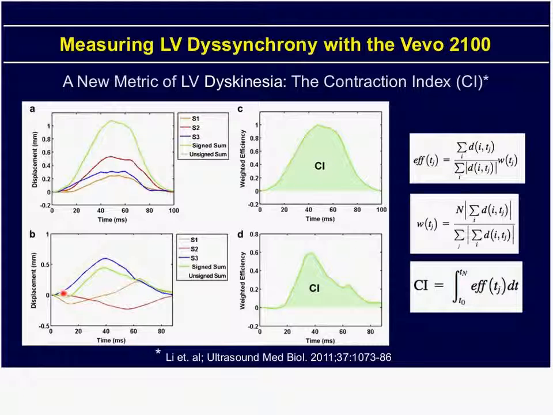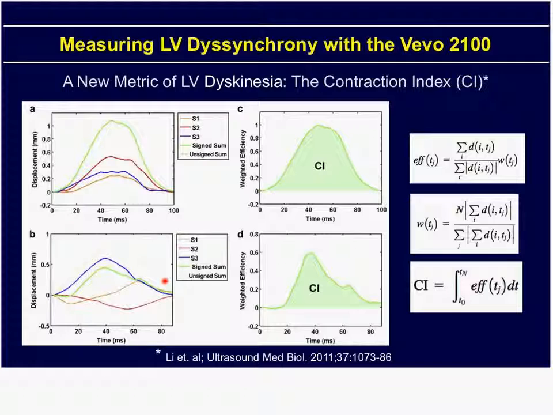Imagine that we've got a post-MI mouse that's even got some paradoxical wall thinning, some dyskinesia in the infarct zone. Well, in this mouse, if we take the unsigned sum, we will get a different value than the signed sum.